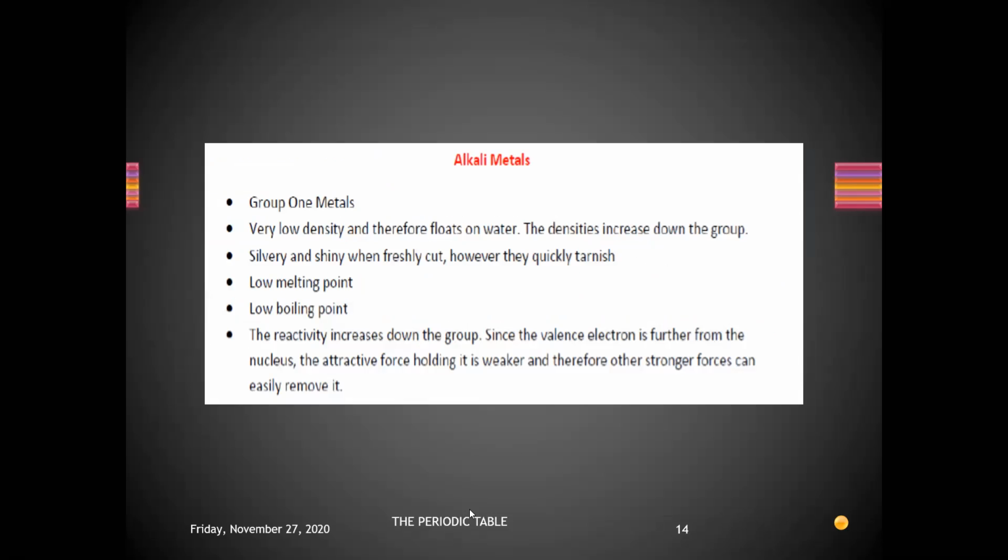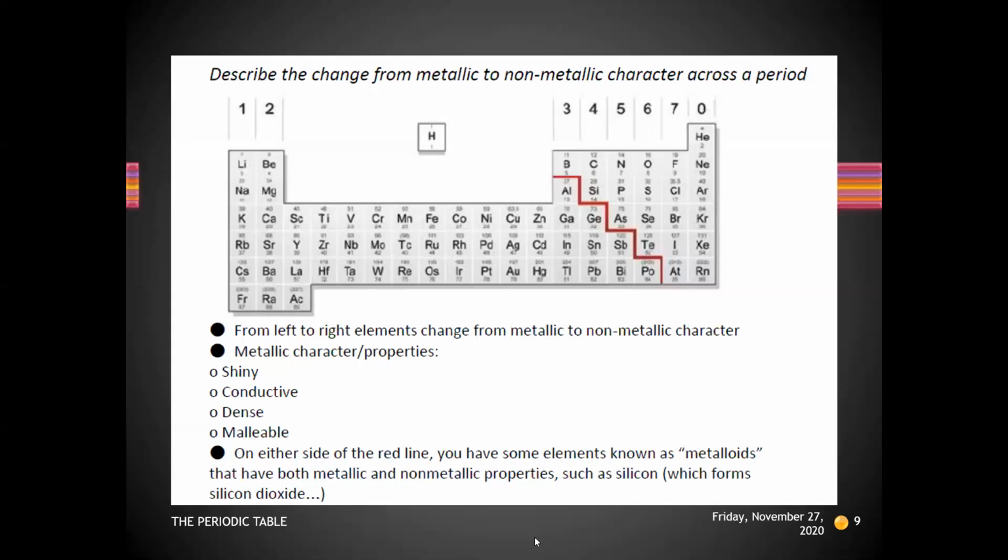We'll discuss some questions related to this part about alkali metals. Just a minute, I will share the questions with you. You can see this periodic table, and on the left hand side we have more metals than on the right. And as we go down, they become more metallic. What is the meaning of becoming more metallic?